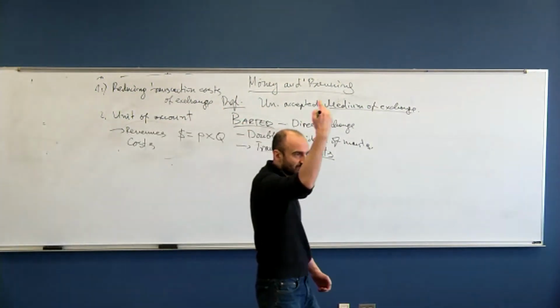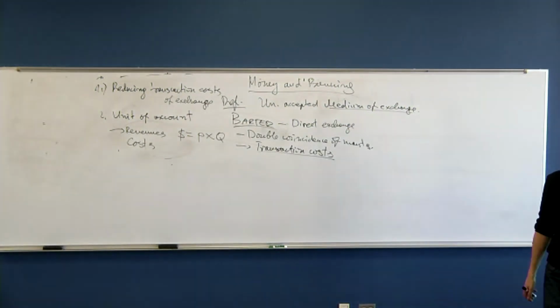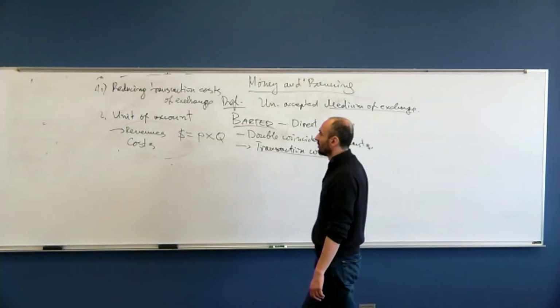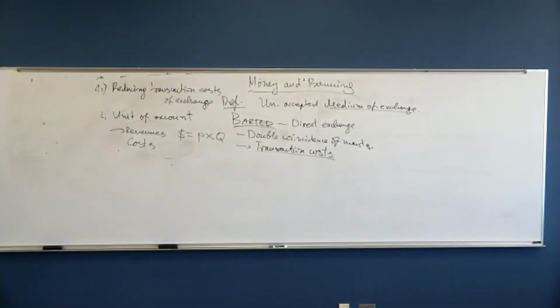How would you estimate the value of your cost if you don't have this measuring stick, which is called money? As one economist said, everything would be a leap in the dark.